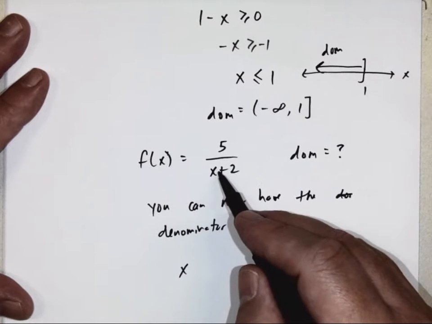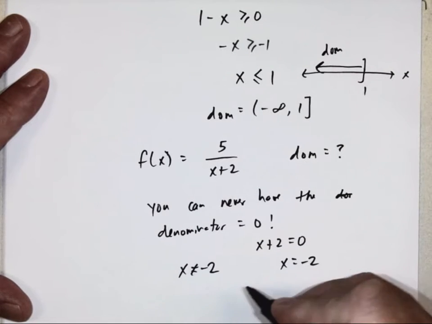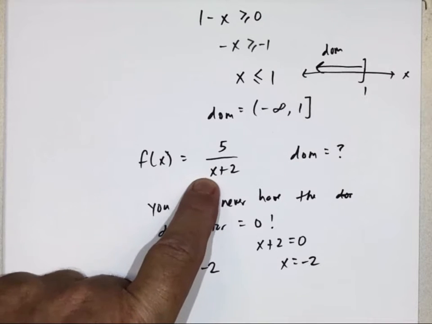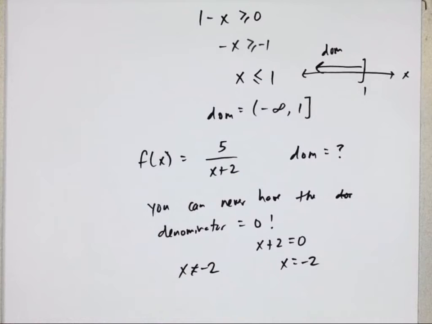What value of x is going to be a problem? I'm going to say x better not ever equal negative 2. Because if I plug in negative 2 for x, negative 2 plus 2 is 0. I've got a 0 in my denominator. I can't have that.